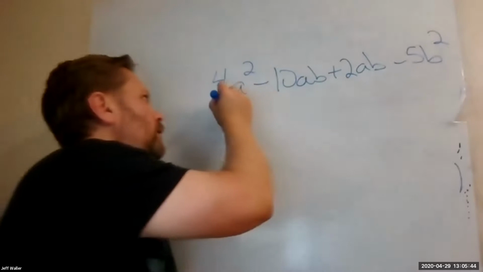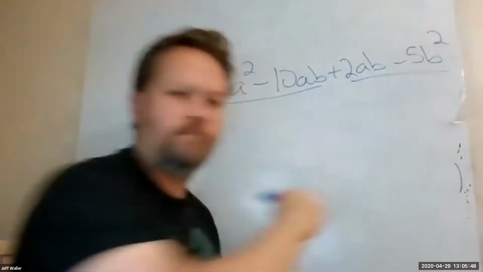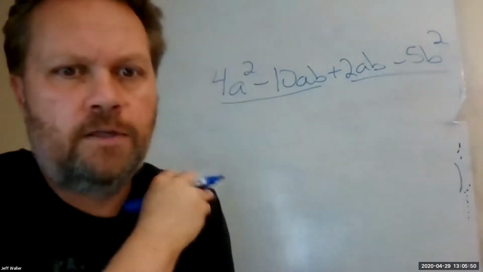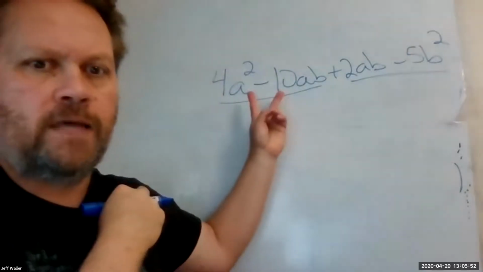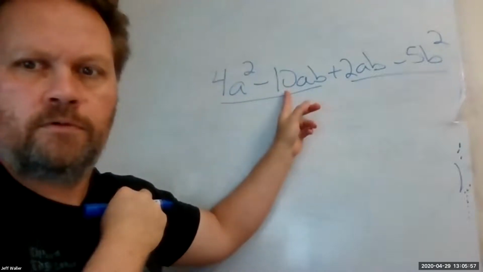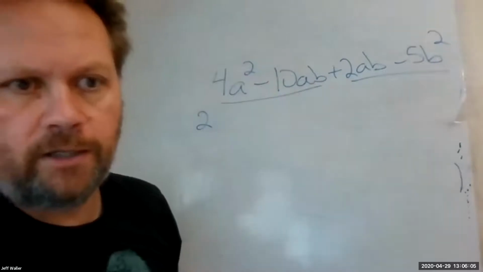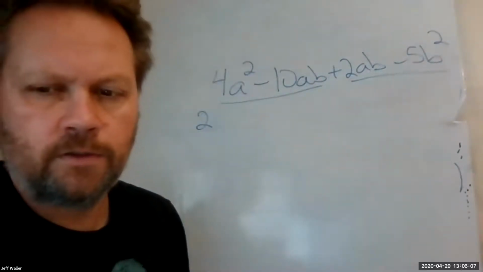So what comes out of these two? This is what grouping means: I group the first 2, I group the last 2. What comes out of the first 2? What number comes out? 2. And how many letters come out? 1A.